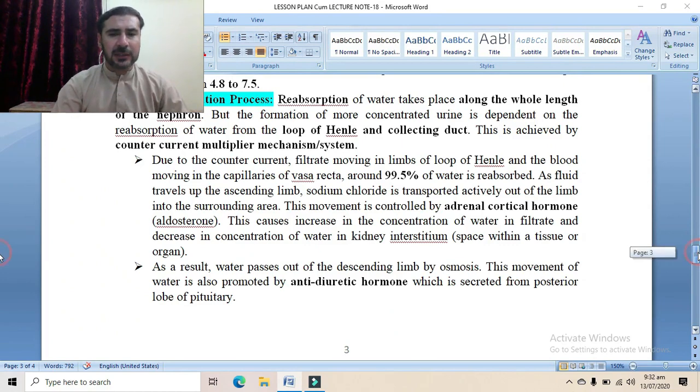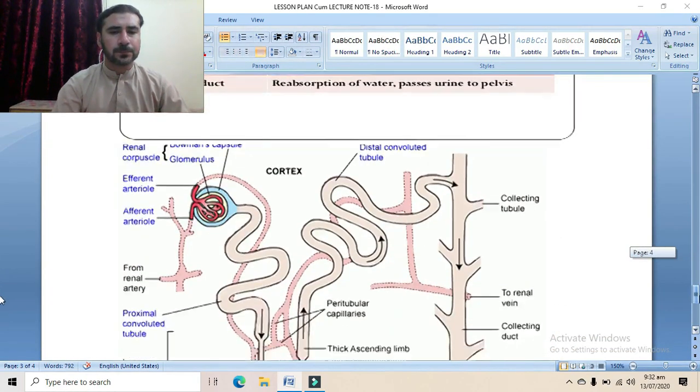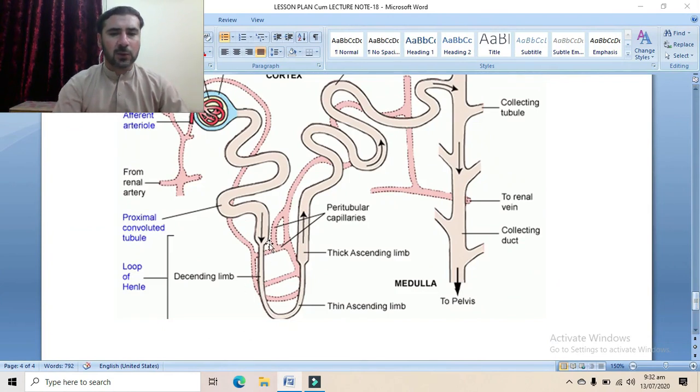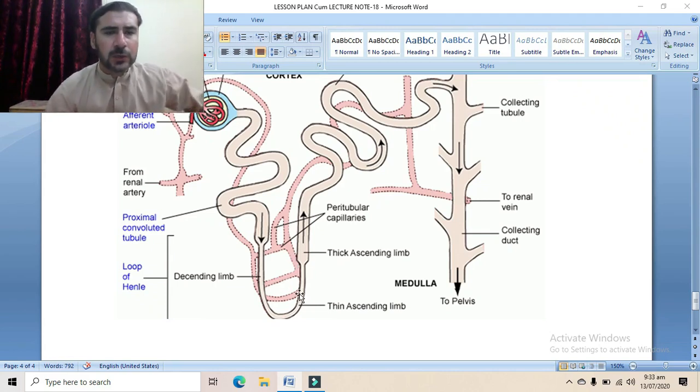So diagrammatically we will show it here that whenever the fluid travels up the ascending limb, this is the loop of Henle. So whenever the urine, now we will call it urine, or in other words it is glomerular filtrate, but later on it will finally become urine, moves through this ascending limb, what happens?